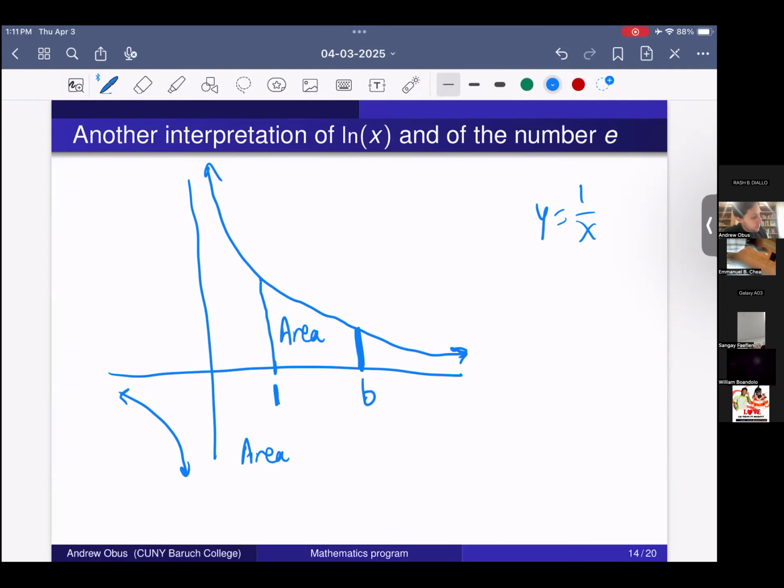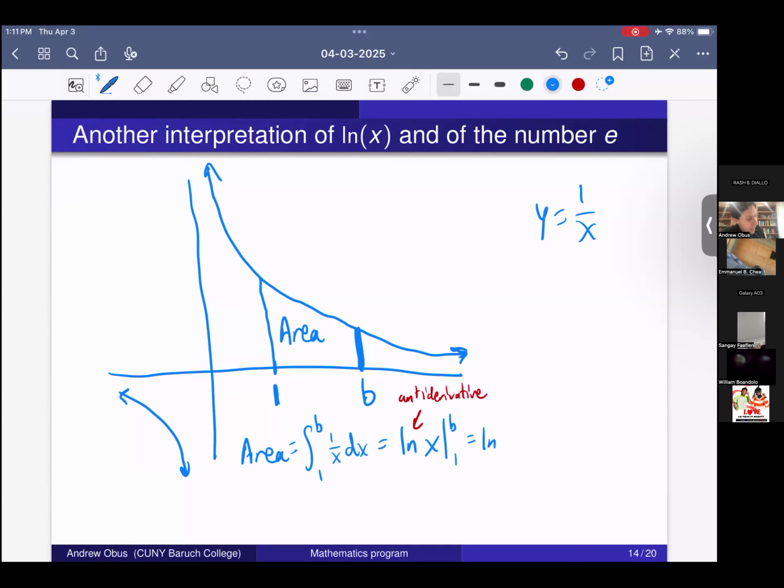Well, the area is equal, as we've seen, to the integral from 1 to b of 1 over x dx. That just means it's the area under the curve. You evaluate an antiderivative at b, then plug in 1 and subtract. We take an antiderivative, which we know is ln of x, and we evaluate it from 1 to b.